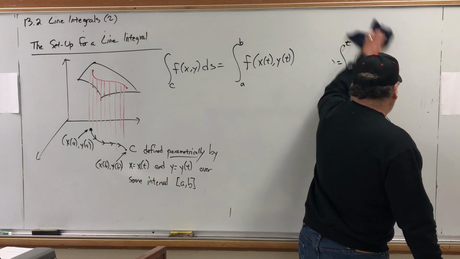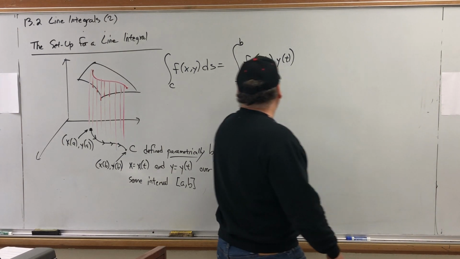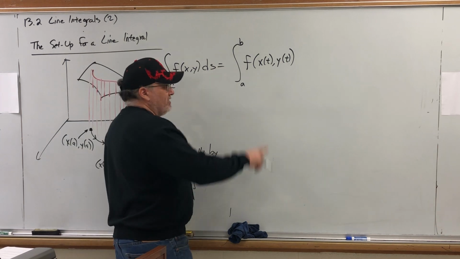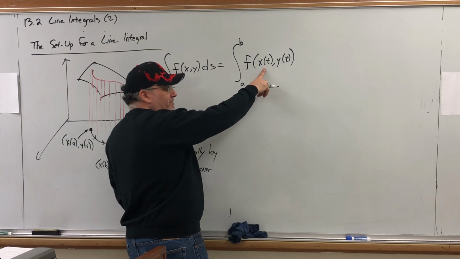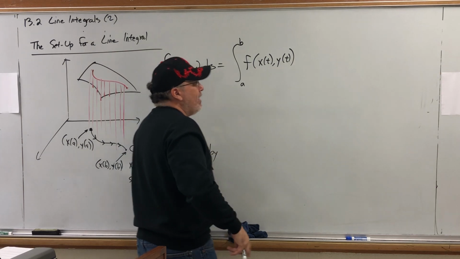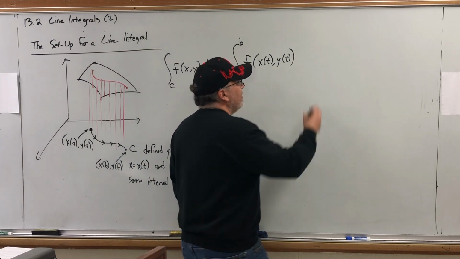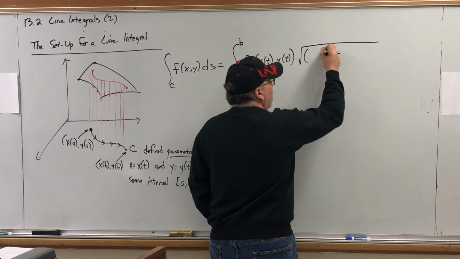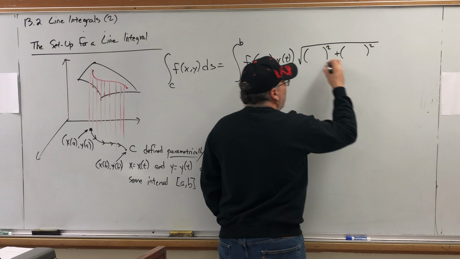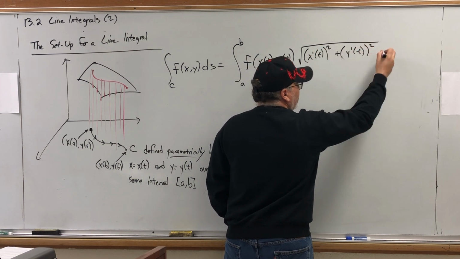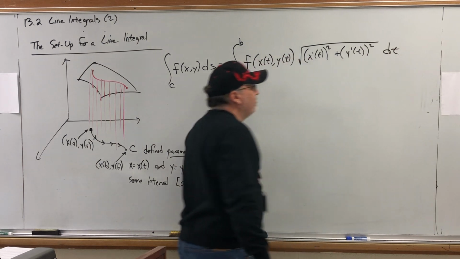So completing the integral here, we can evaluate the line integral by replacing each x with its parametrically defined function, each y with its parametrically defined function, and replacing the ds with the square root of the sum of the squares of the derivatives of the parametric functions, dt.